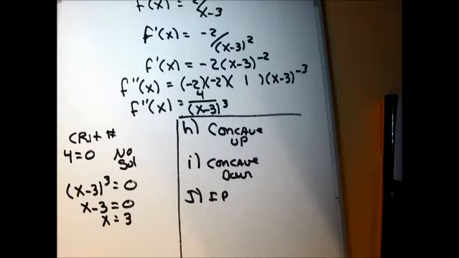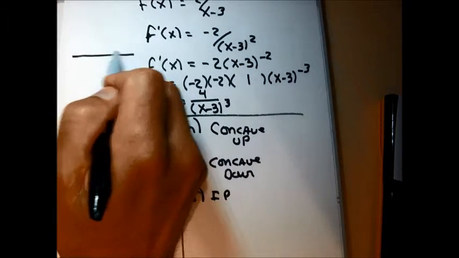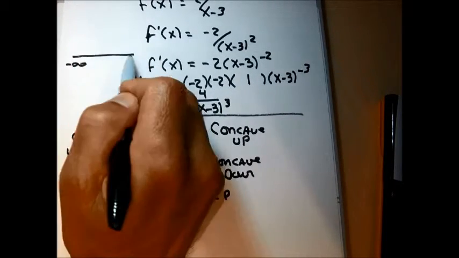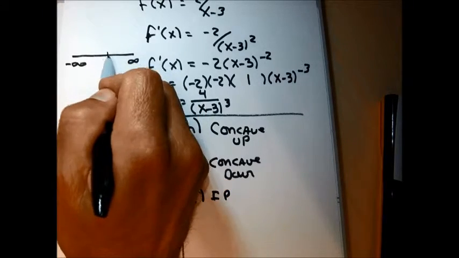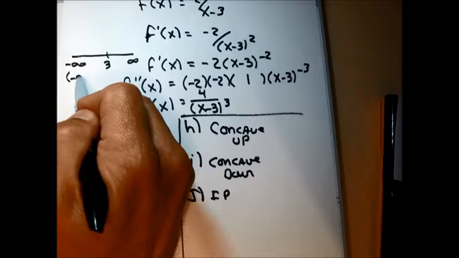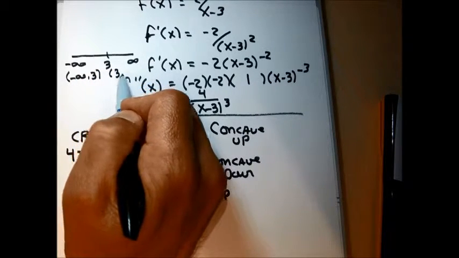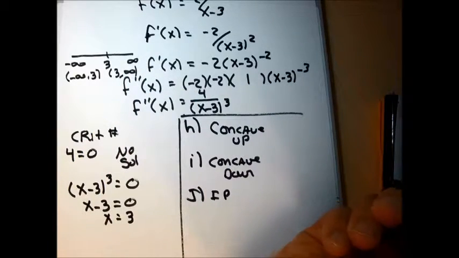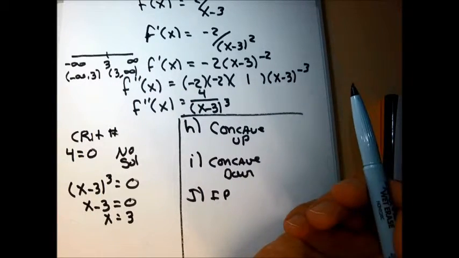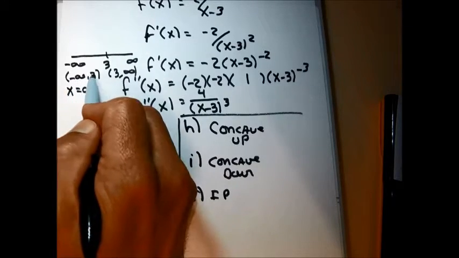So now I'm going to plot those numbers on a number line. So on a number line, I'm going to have negative infinity, positive 3. The intervals I'm going to get are negative infinity to 3, 3 to infinity. I need test numbers. This one I'm going to do x equal to 0 because it goes from negative to positive.